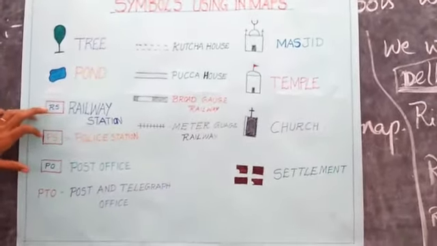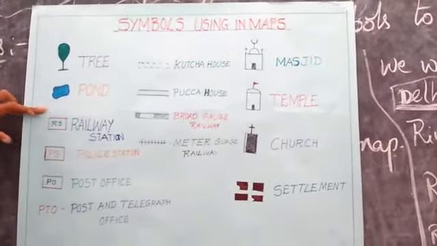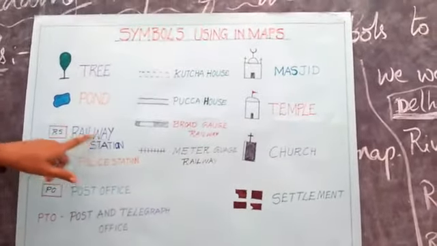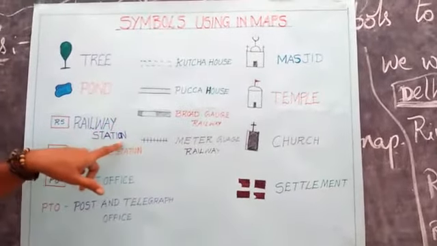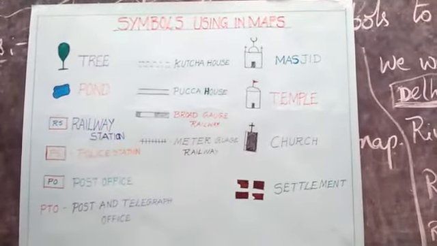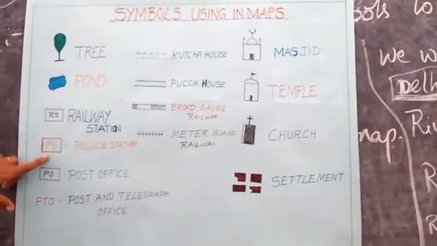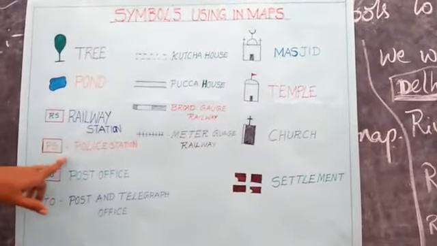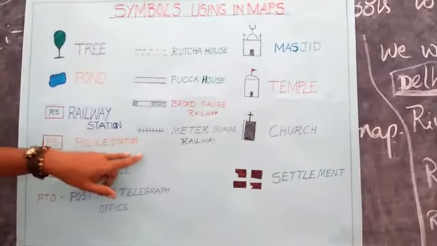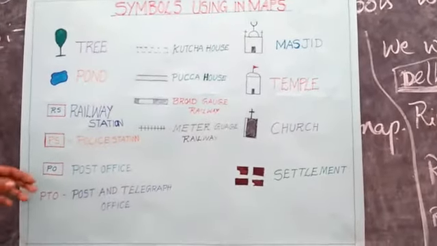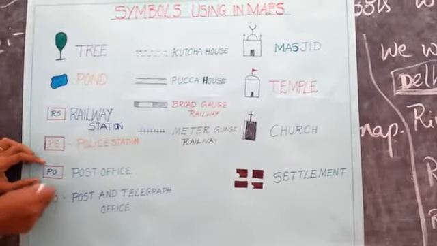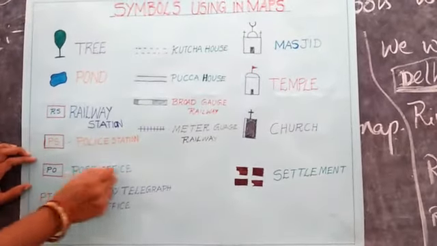When we observe this type of RS, it shows the railway station is there on a map at that place. We use PS. PS means that the police station is located in that area. We use PO, post office.